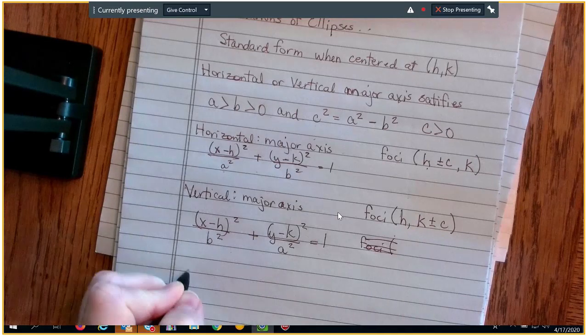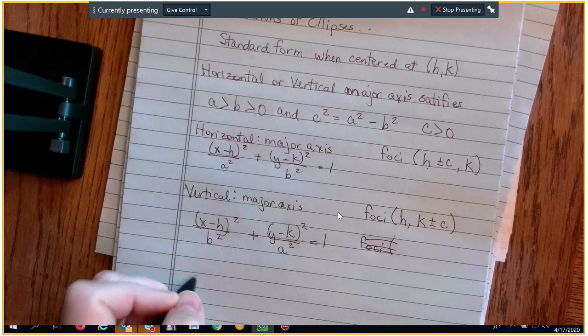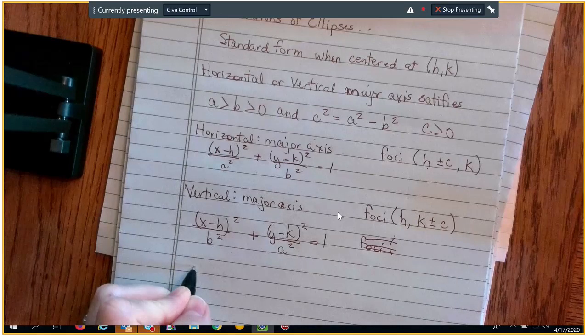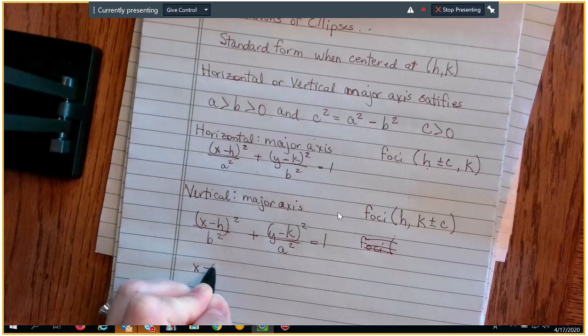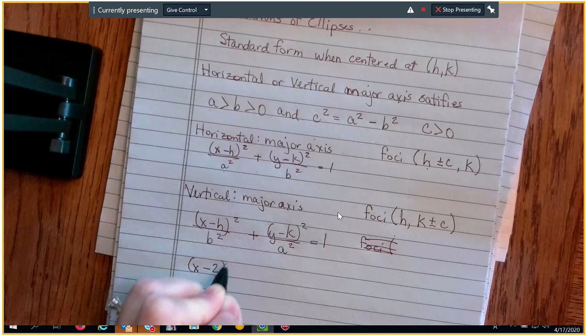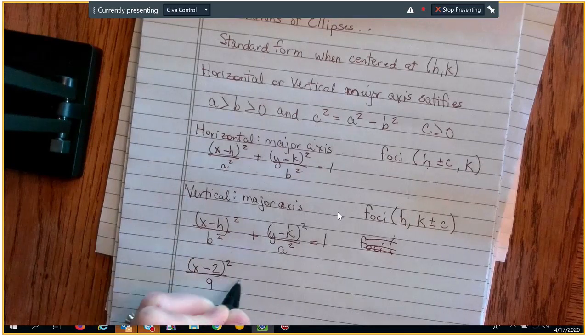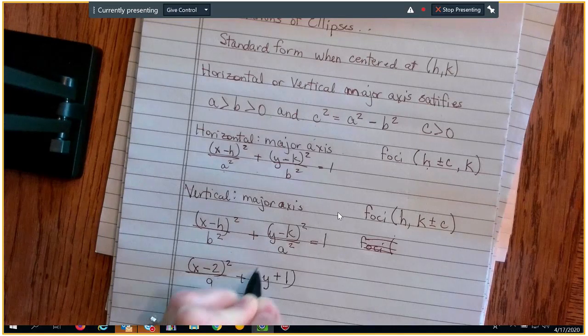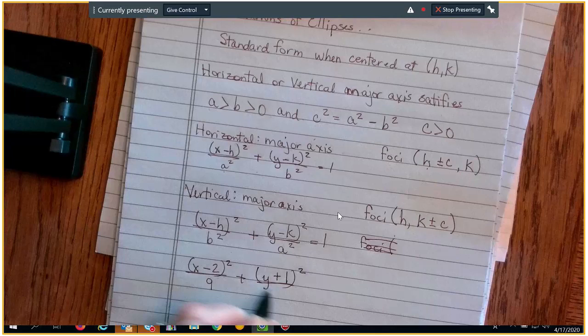So what happens if we have this: (x minus 2) squared all over 9 plus (y plus 1) squared all over 16, and all of this equals 1.